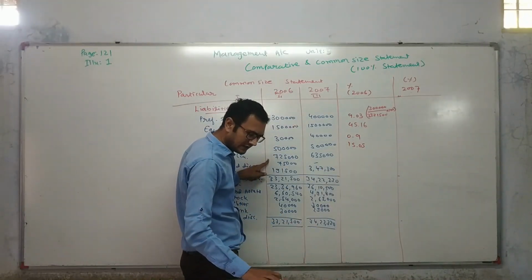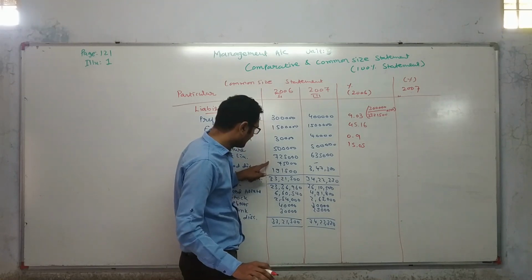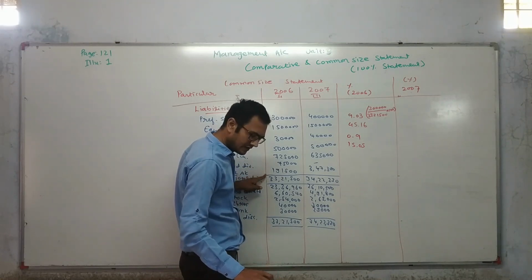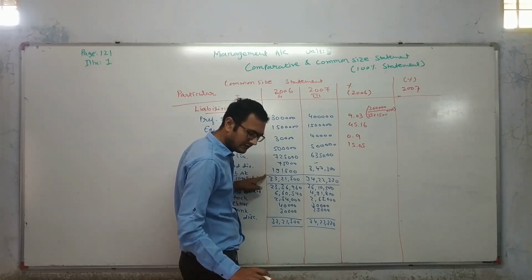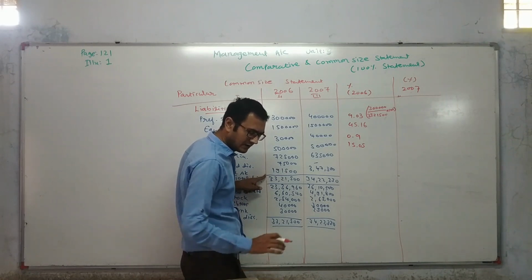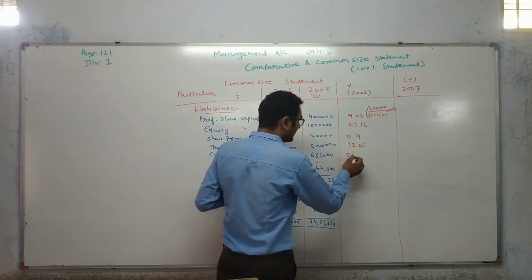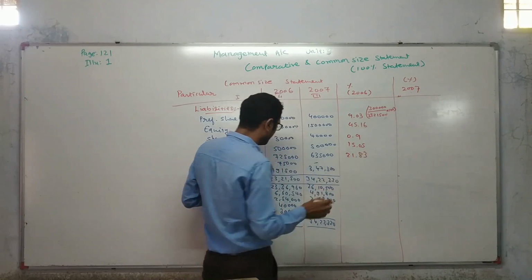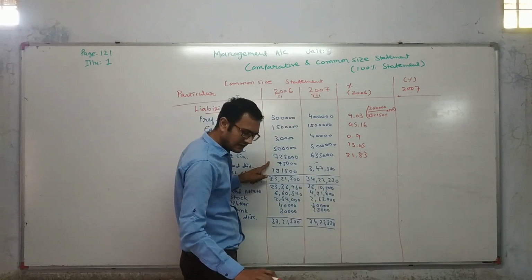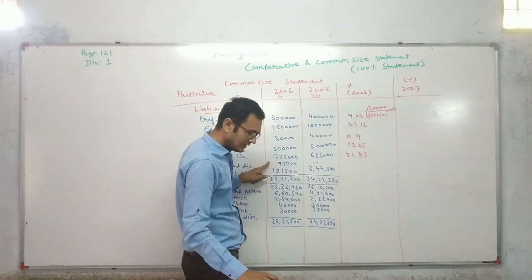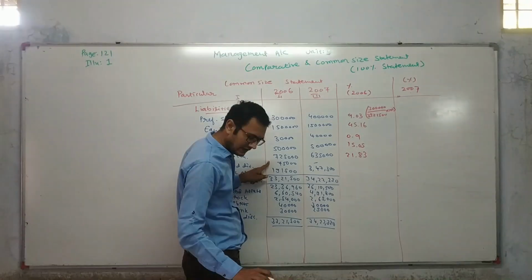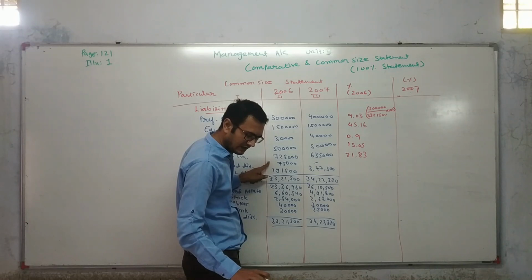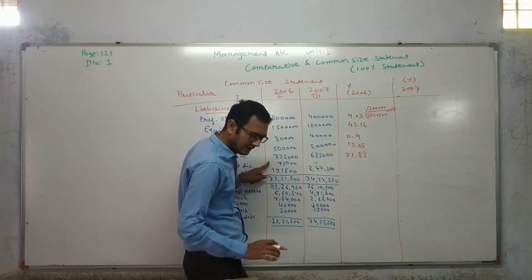And 7,25,000 divided by 33,21,500 into 100, 21.83%, and 75,000 divided by 33,21,500 into 100.